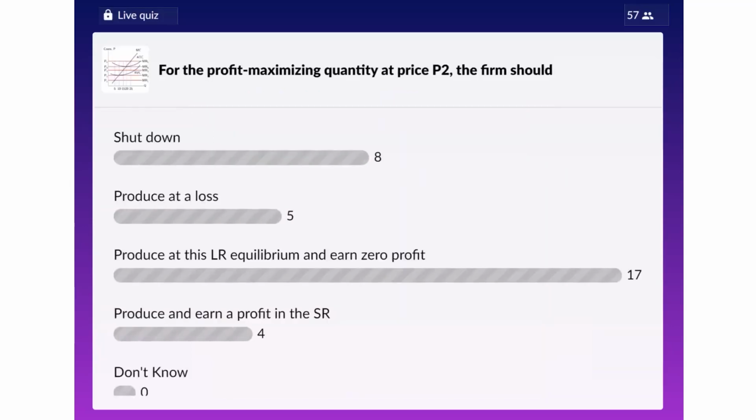Okay, so some of you say shut down, some of you say produce at a loss, some say produce at this long run equilibrium. No, this is not the long run equilibrium, so you should still shut down.